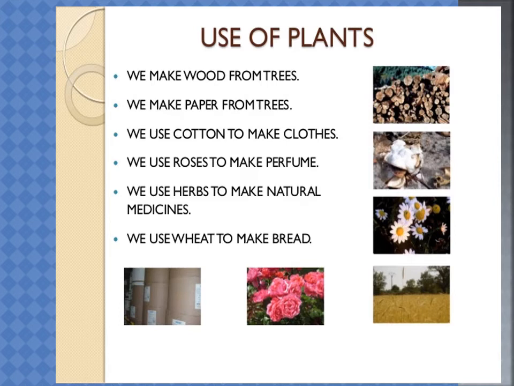Industrial products such as resin, rubber, gum, and latex are the excretory products of plants put to use by man.